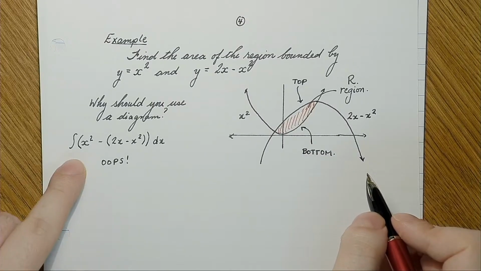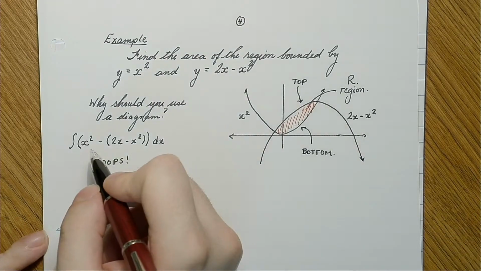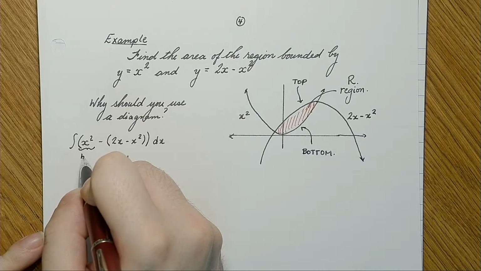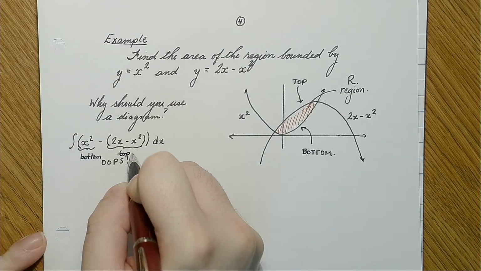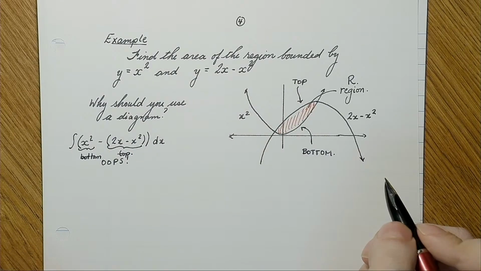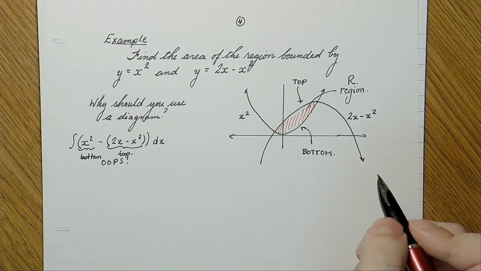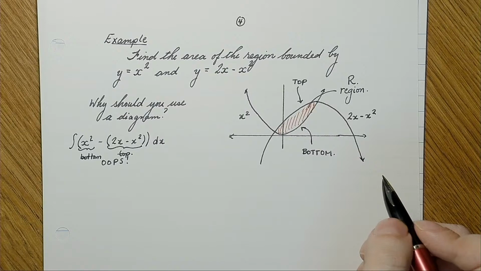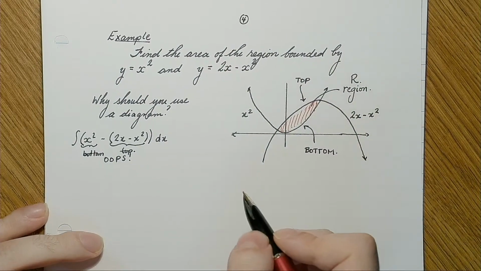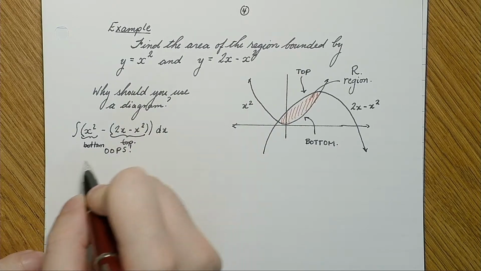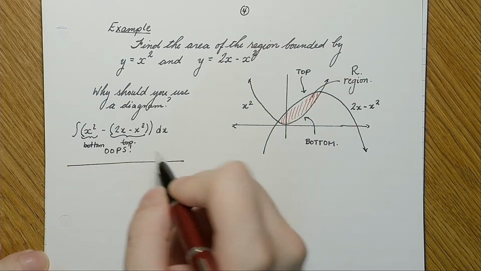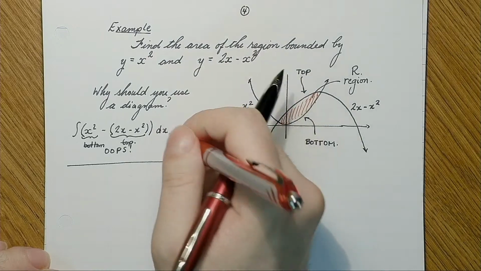And we've put it in the wrong order here, because over here what you've done is the bottom, and over here is the top. So the integral that we want, so this one's wrong.